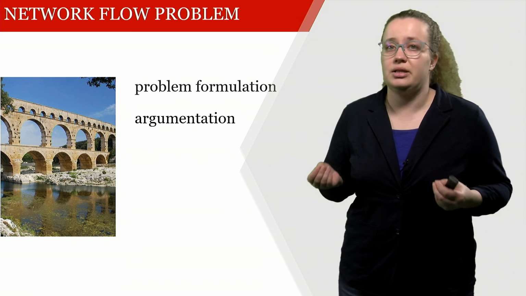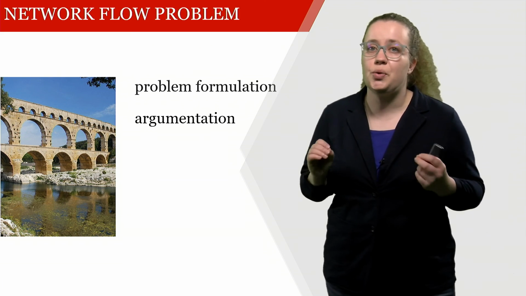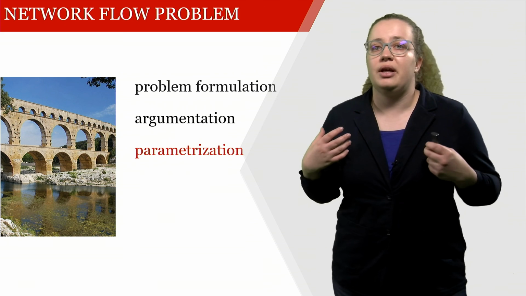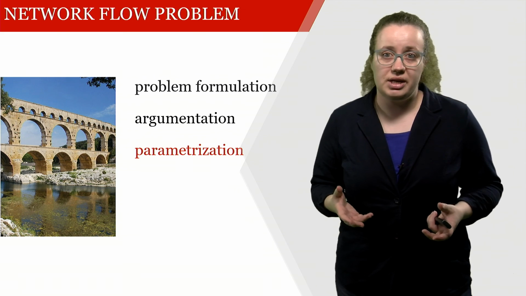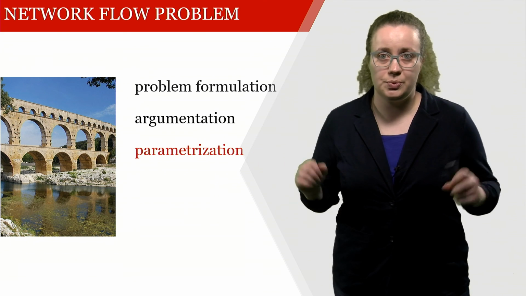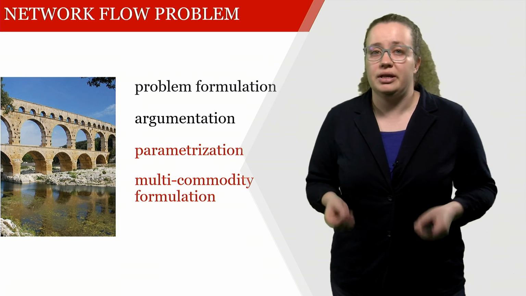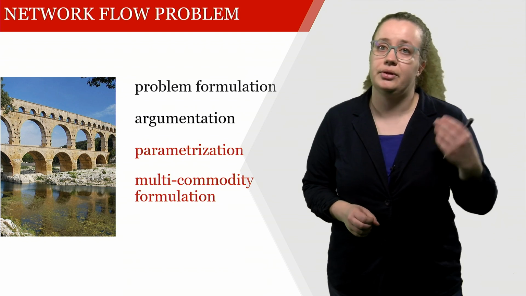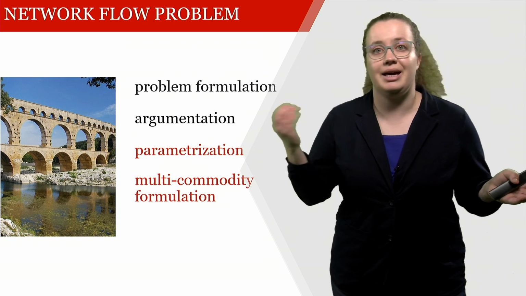Secondly, I would really like you to take away that sometimes it is good to argue that a formulation does not make sense. What I would like you to do is parametrize the example both for fresh and for sewage water. I would like you to formulate the multi-commodity network design problem, both in the wrong and in the right way.